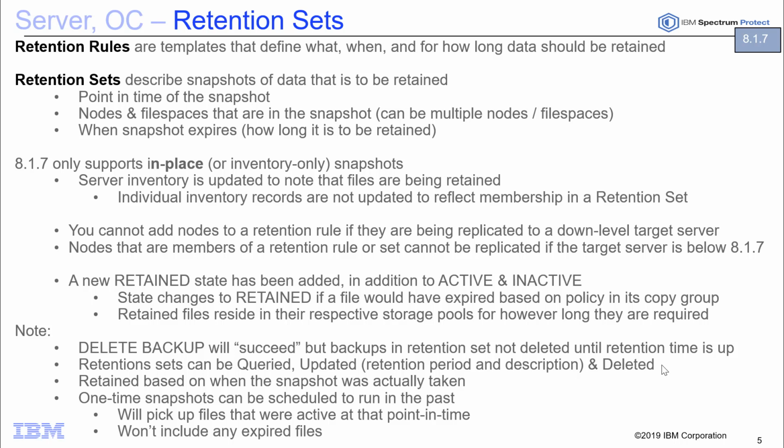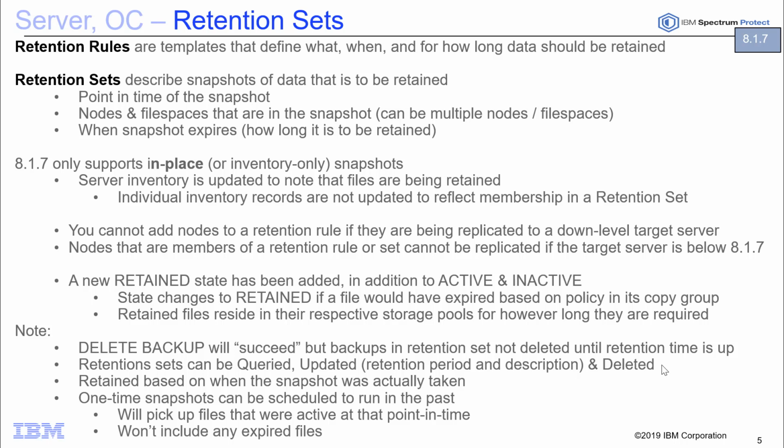A retention set itself is basically that virtual point-in-time snapshot. It can consist of nodes or file spaces and can have different nodes and multiple file spaces inside of one retention set. And of course, it is set to be kept for a certain amount of time.